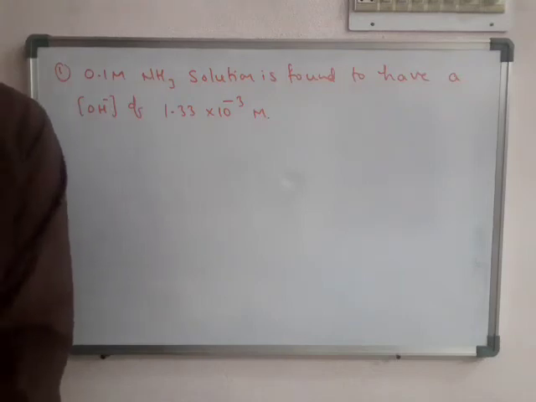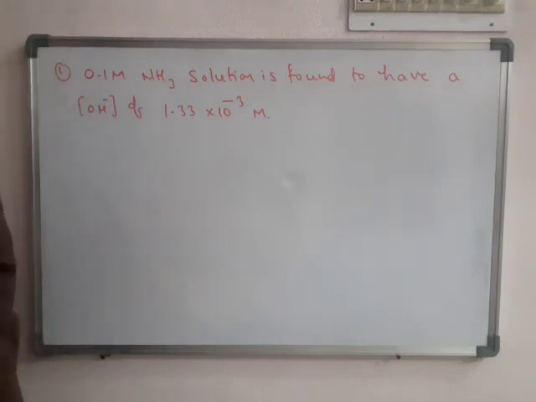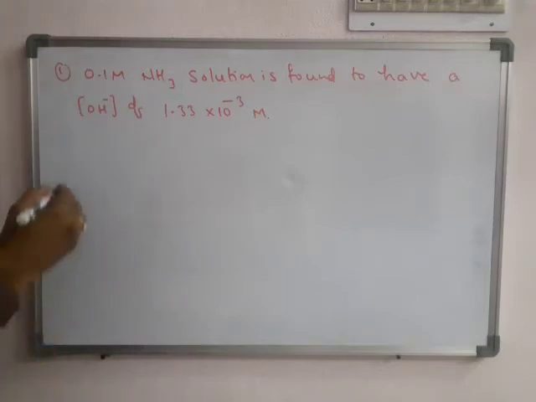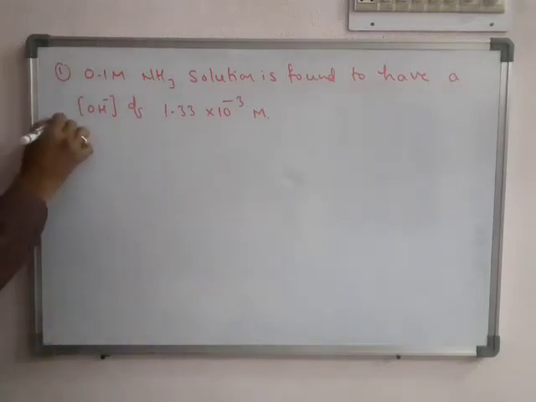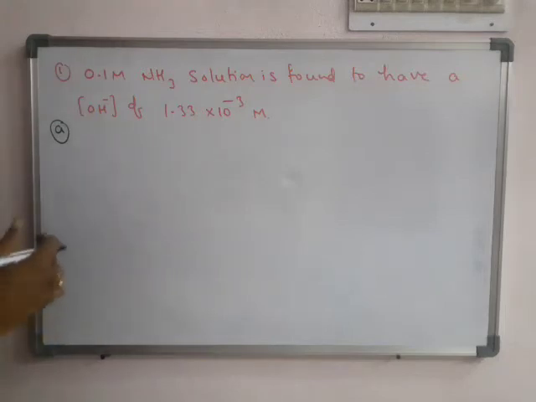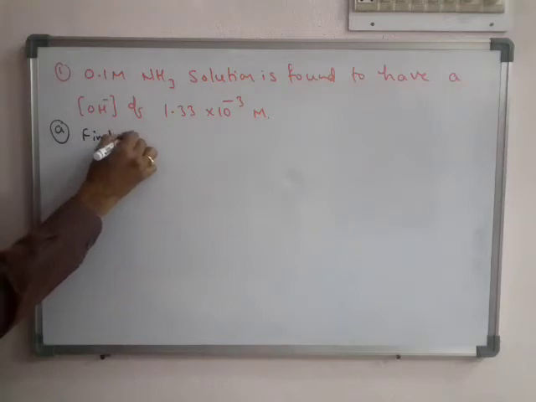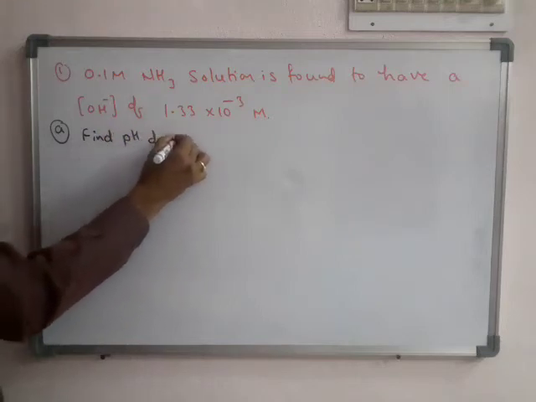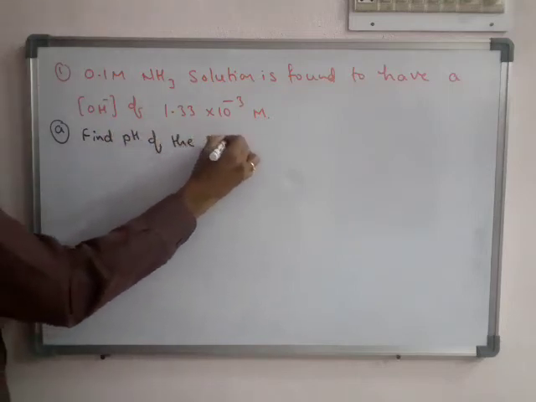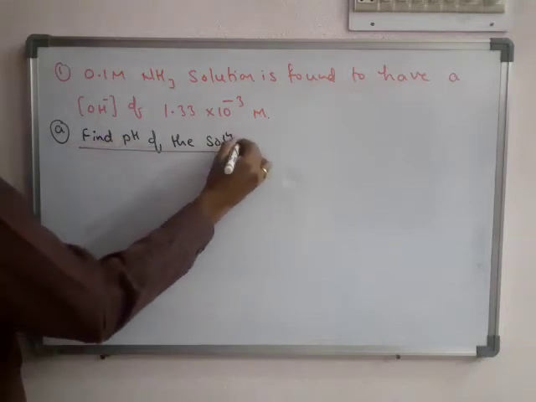So in this there are three problems given. Okay, what are the three problems? We do the first problem. It is not the option, it is the question. Find the pH of the solution.